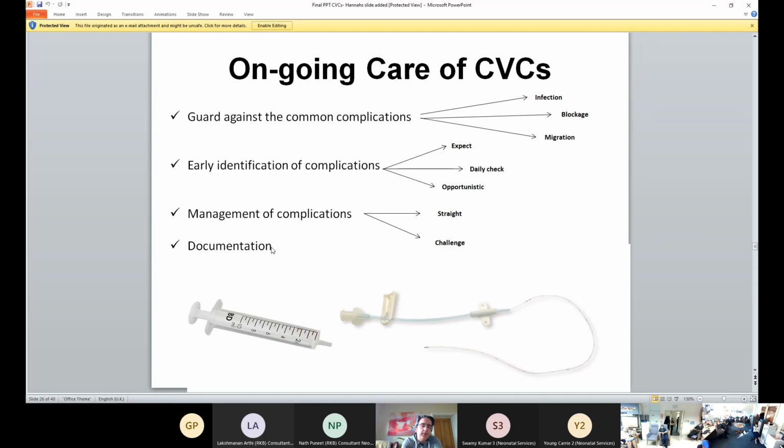By the way, according to the guidelines, the consultant, neonatologist, pediatrician or radiologist has to verify the position within 24 hours. So these are the things you need to document about the long line.